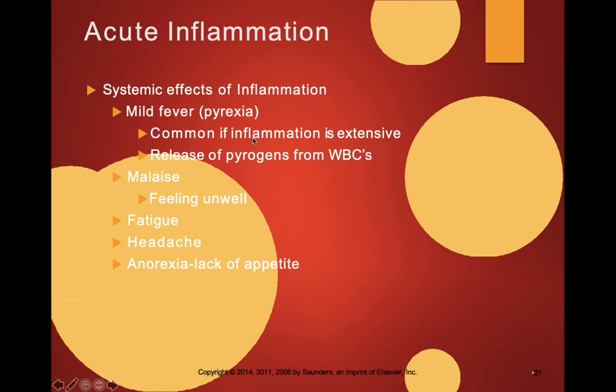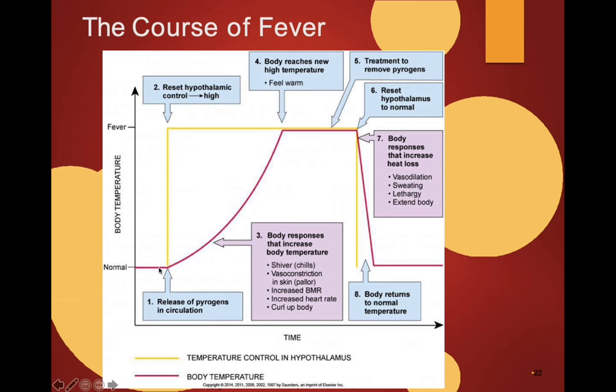It's common if inflammation is extensive. It's the release of pyrogens from the white blood cells. You'll have malaise. Malaise is a common word that just means they don't feel very well. They feel unwell. It could be fatigue, headache, and anorexia. The term anorexia means lack of appetite.